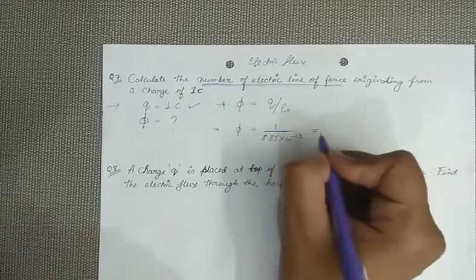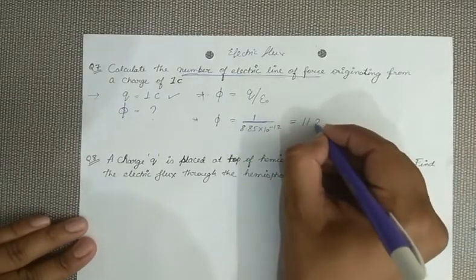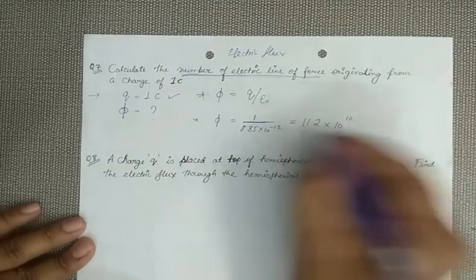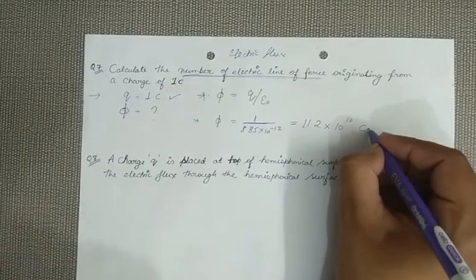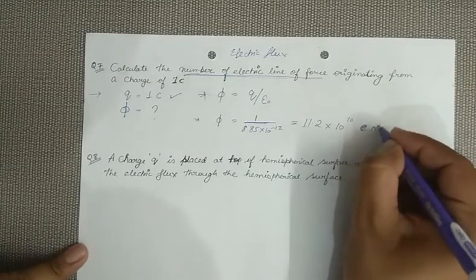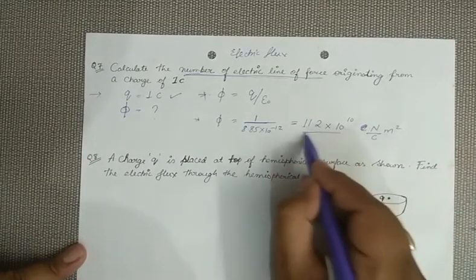So it will give you the value of flux, about 11.2 times 10 raised to power 10, and the unit is Newton per coulomb meter square. So this is your electric flux for the charge.